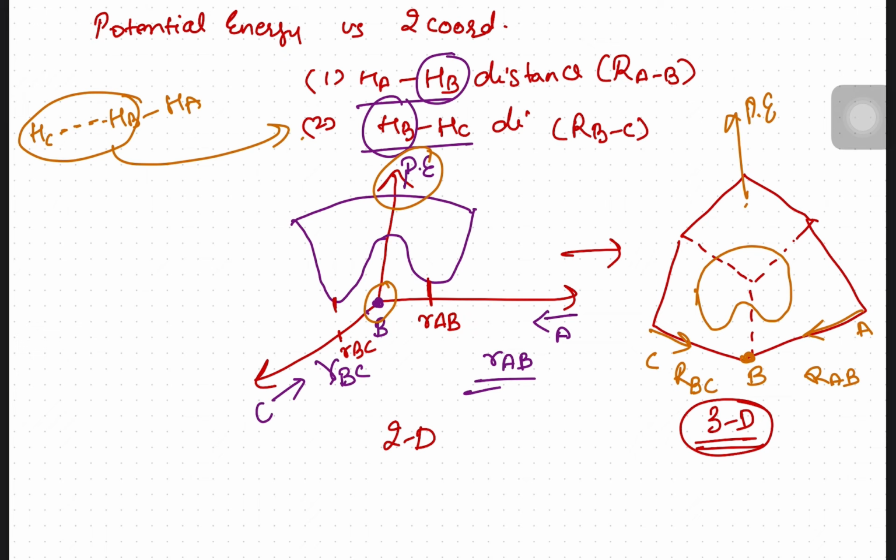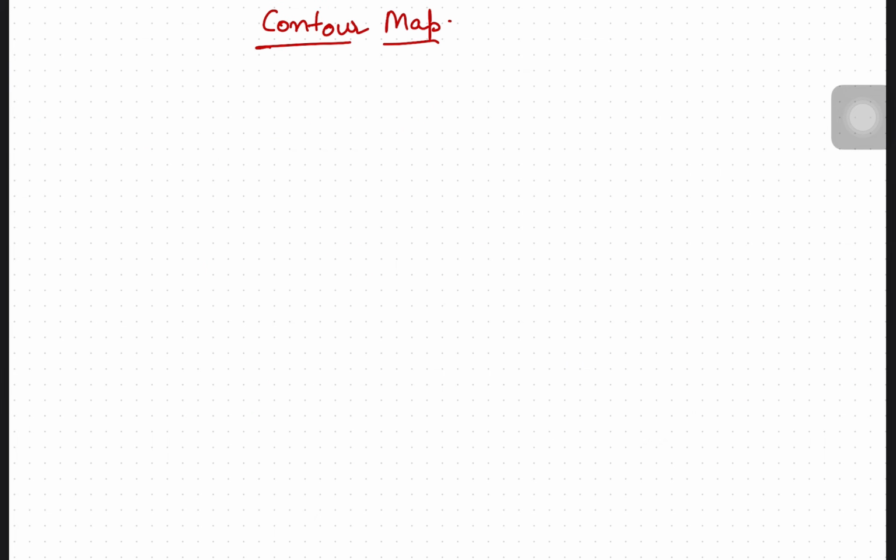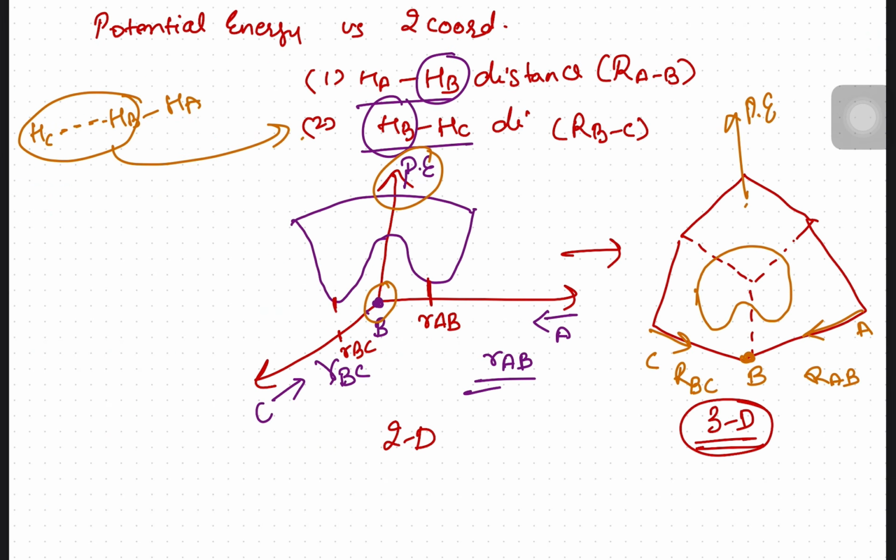It will represent the change of potential energy with the reaction coordinates. So in order to draw a contour map, you have to follow the steps like in the previous figure. Let me copy paste over there.